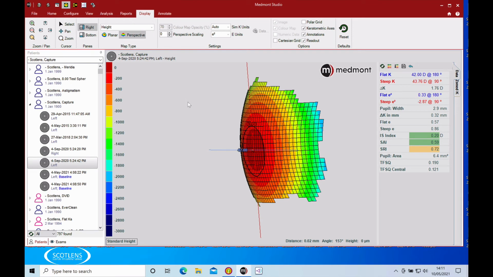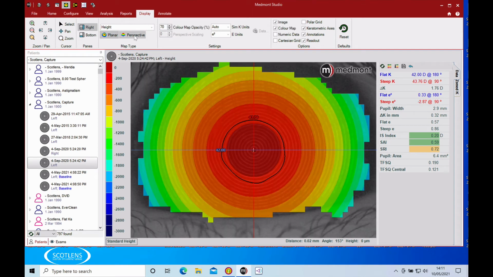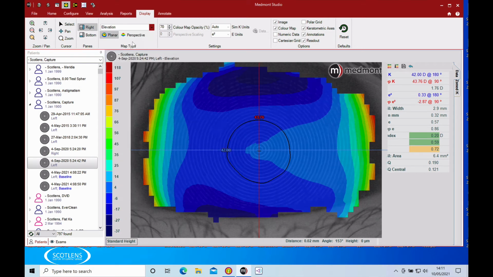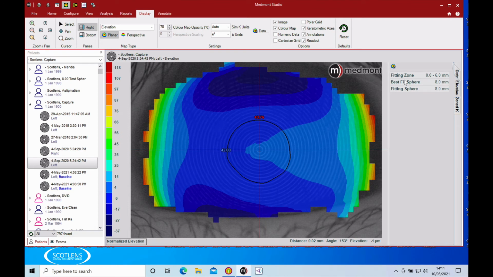We don't really use height, but this is the plot which is considered with elevation. So elevation is a similar plot, so it uses the height. But with elevation, what we do is we put a best fit sphere onto this cornea. So this would be an 8mm spherical gas perm lens. We're going to plonk that onto this cornea.